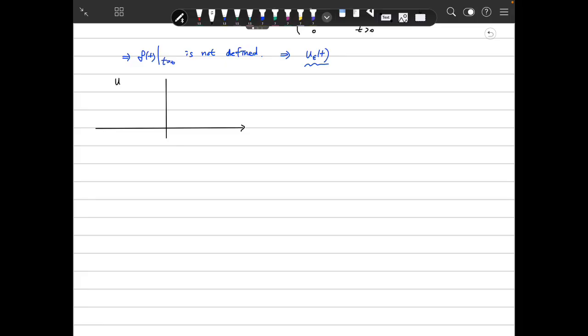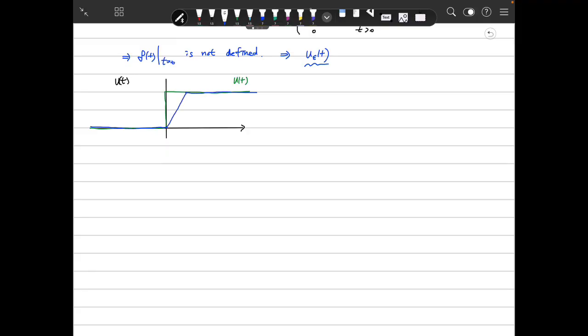This is u(t), but we define the new value u epsilon t with some time delay here.